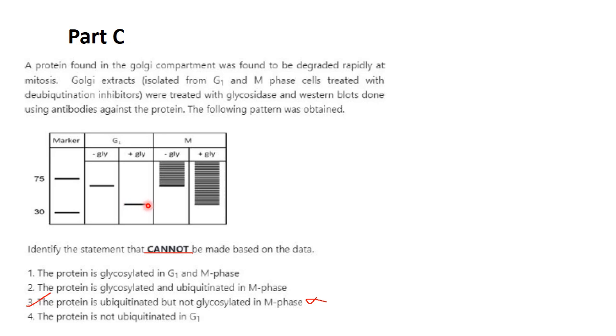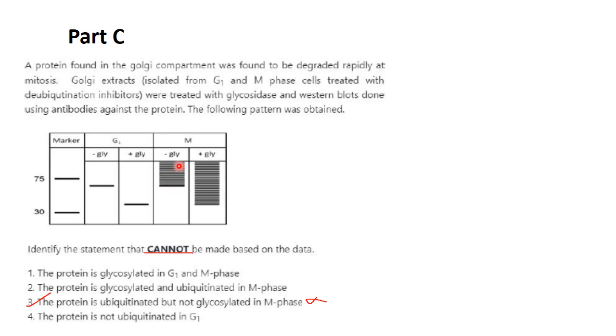So it is running faster. But in case of minus glycosidase, this is running slower because the glycan molecules have not been removed. Similarly, here also in case of M phase, where glycosidase has been treated, the band runs faster than the one where glycosidase has not been treated.